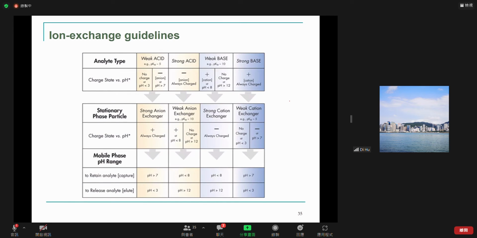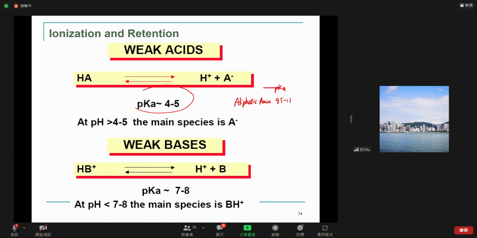If you want to elute it, the elution pH is normally around 12.5, or about 1 to 1.5 units above, 11 to 12.5. So it should be more basic than that.